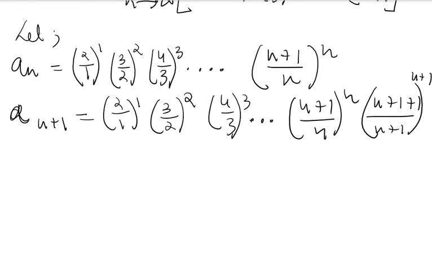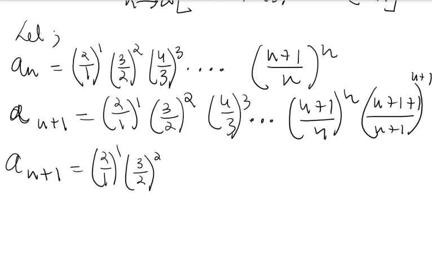So let's write a n plus 1 properly: 2 by 1 to the power 1, 3 by 2 to the power 2, up to n plus 1 to the power n.